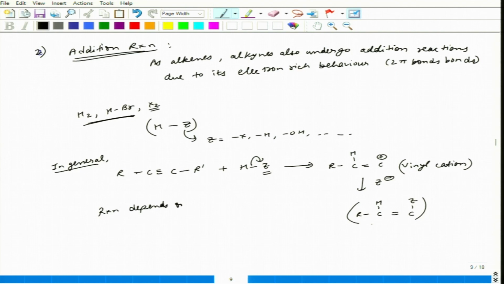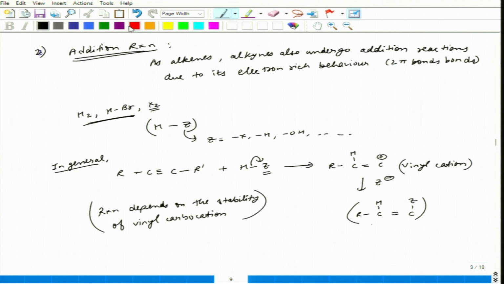depends on the stability of, if you remember about these reactions, I have discussed that the stability of the carbocation, which is an intermediate, decides the reaction: how fast the reaction will go, whether the reaction will take place or not, of the vinyl carbocation.